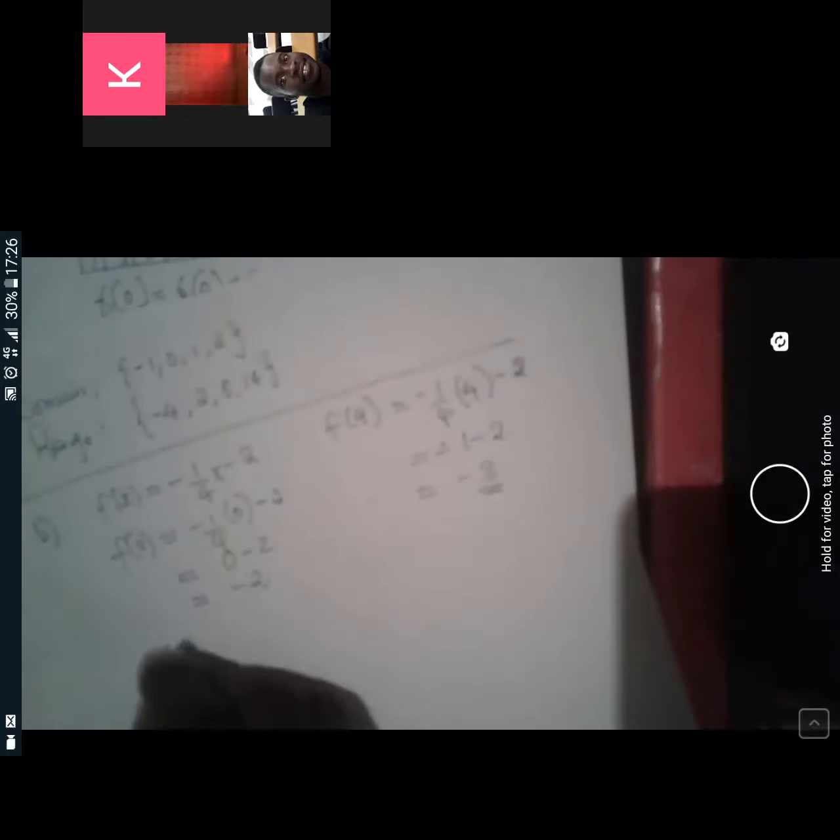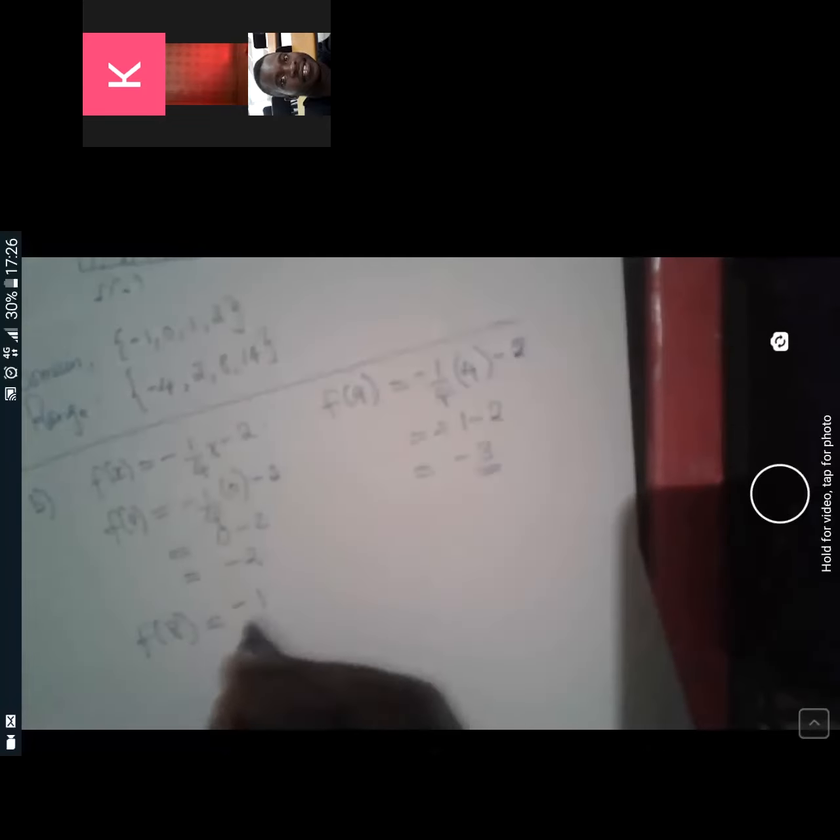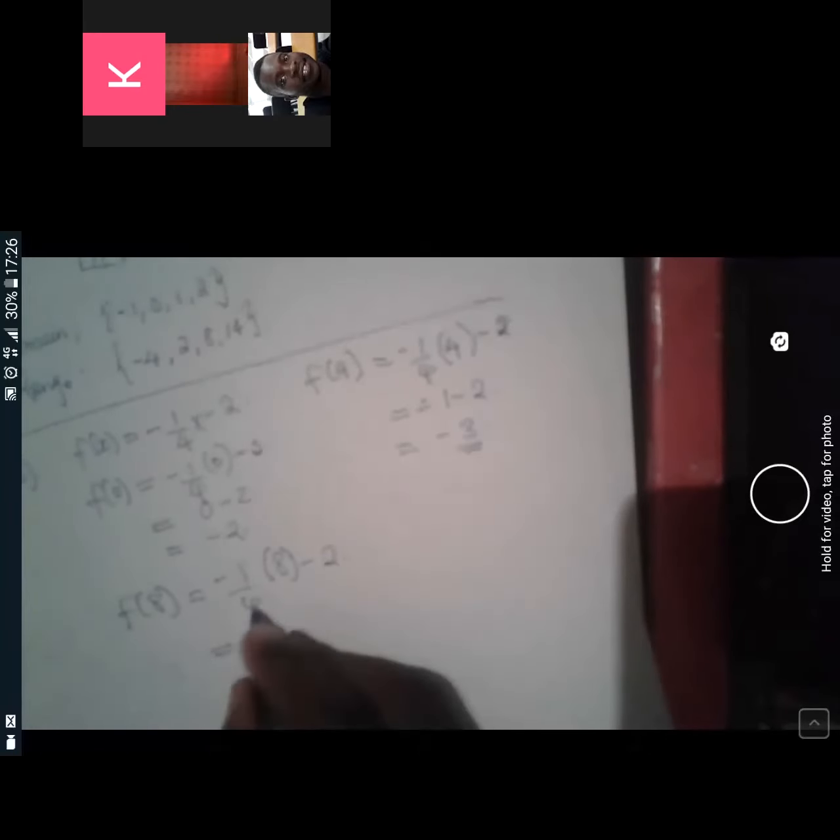So that is the value of f of x when x is 4. The next value is 8. So you find f of 8. This will be equal to -1/4 times 8 minus 2. So this will be -4 into 8, you are going to get -2, minus 2, you get -4 here.